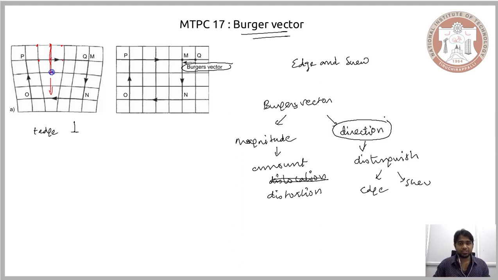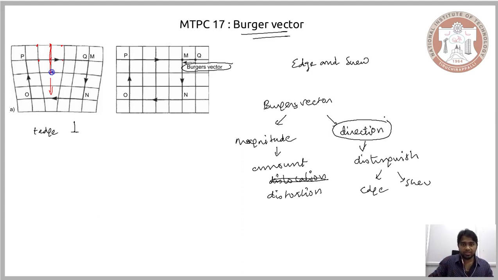So, in that case, we will be able to say that the dislocation that we see is a combination of edge and screw dislocation. Therefore, in addition to distinguishing what sort of dislocations we have, the direction component of the Burgers vector helps us identify if what we observe is a pure edge or screw dislocation or a combination of both.